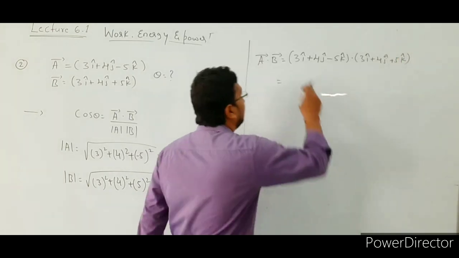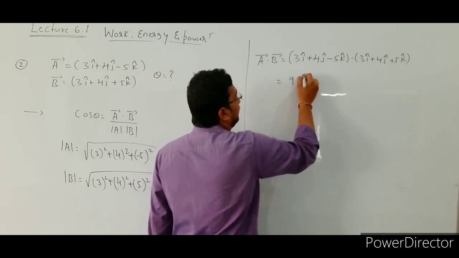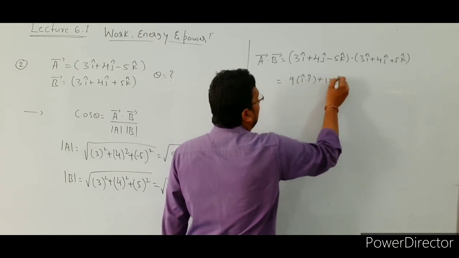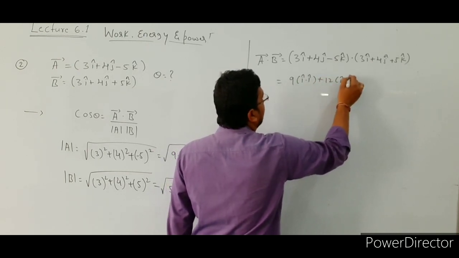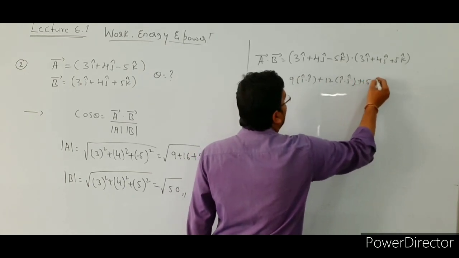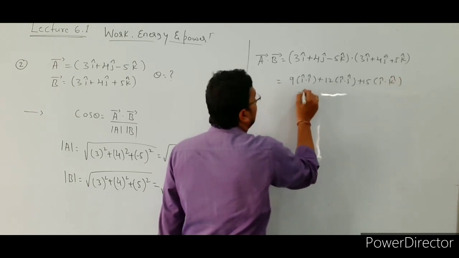Okay, see here, multiply: 3 into 3, that is 9, i cap dot i cap; 3 into 4, 12, i cap dot j cap; next 3 into 5, 15, i cap dot k cap.